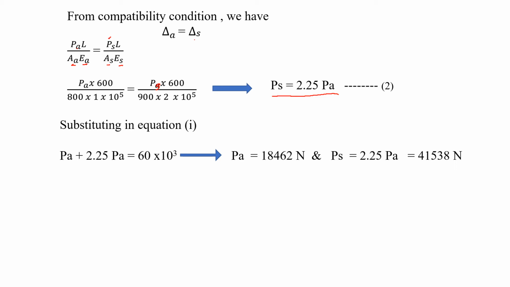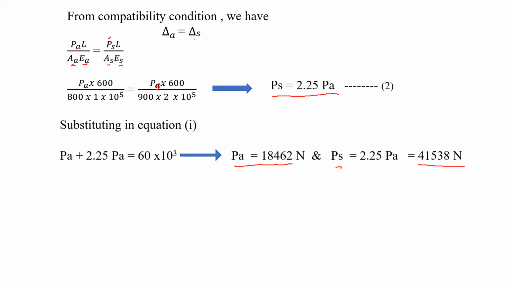And now we can substitute this relation in the previously obtained equation, that is, total load is equal to load taken by steel plus load taken by the aluminium. Then substituting in the first equation, we will obtain the load taken by aluminium as 18,462 Newton and load taken by steel as 41,538 Newton.